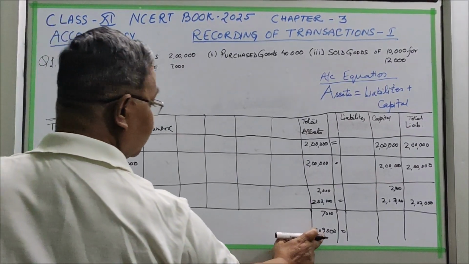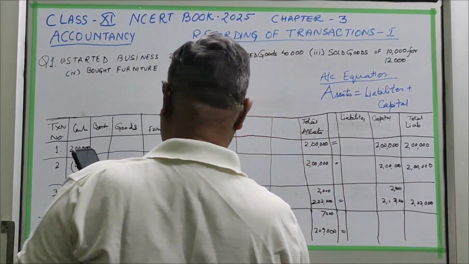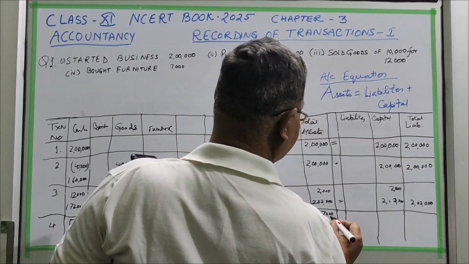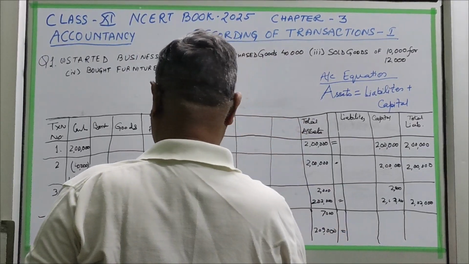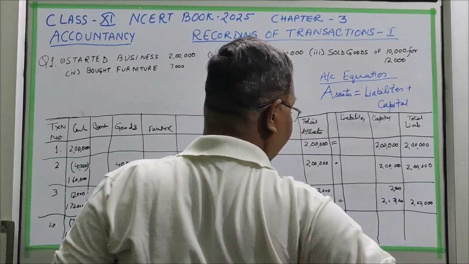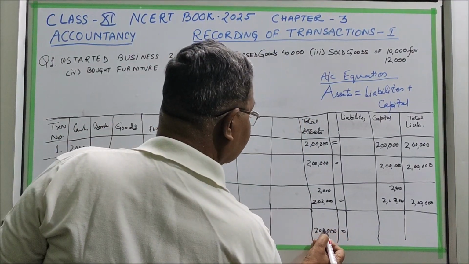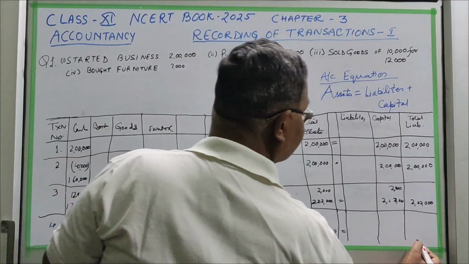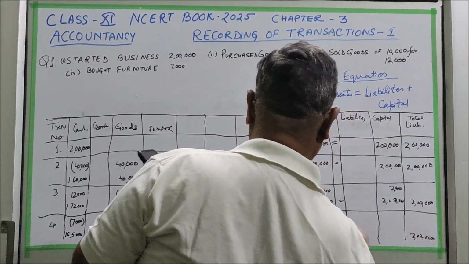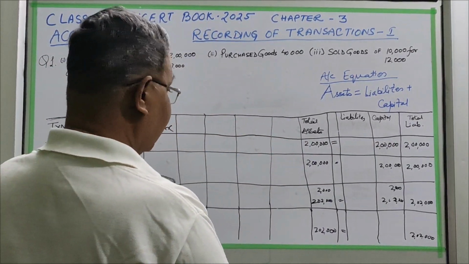This total also should come to this one, okay. And here also, your cash has gone, so it will be 2,200, and here also no change is there, so 202, 1 2 3. So likewise we will record all these transactions.